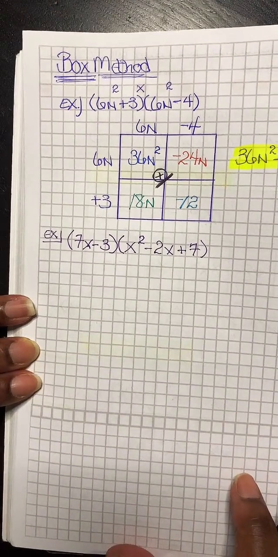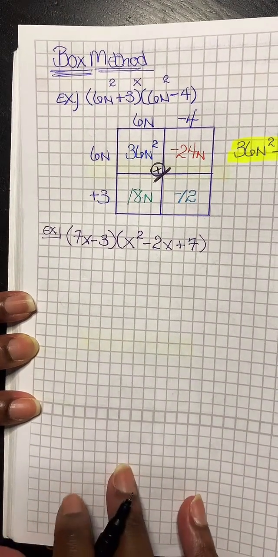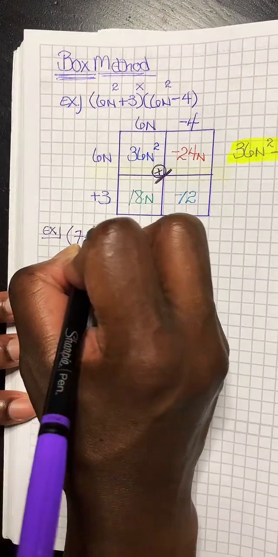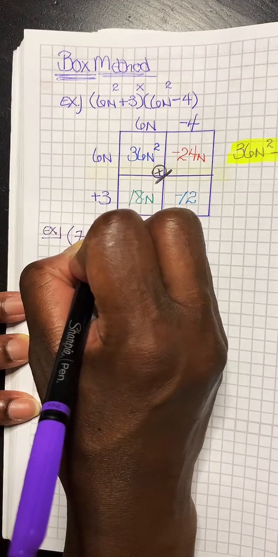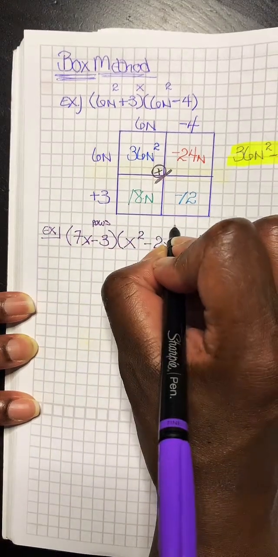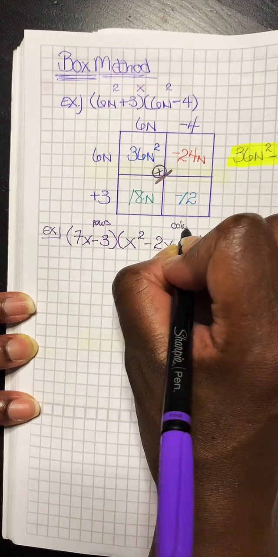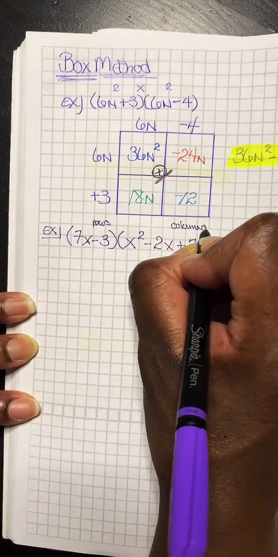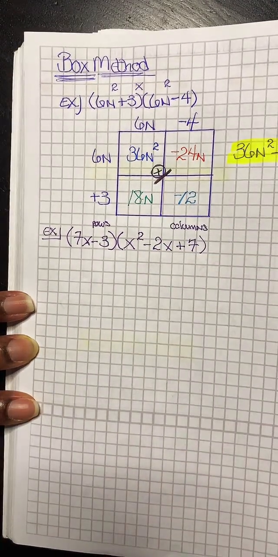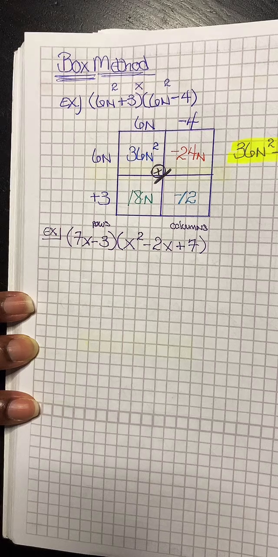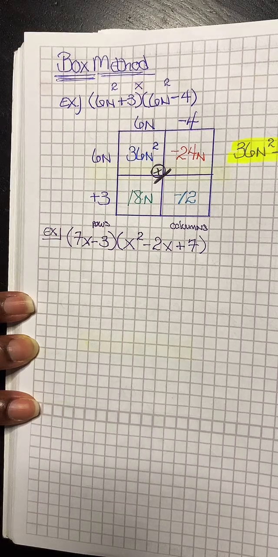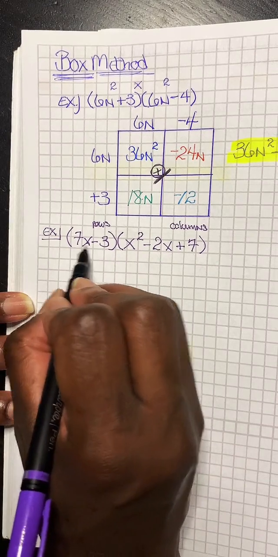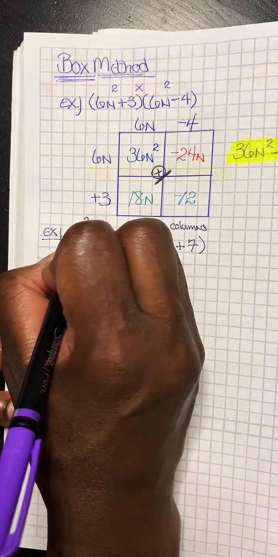All right. So to do the box method, we need to know how many rows and how many columns to draw our box. So to keep with the theme of matrices, I have 2 terms here, so that's going to be 2 rows.